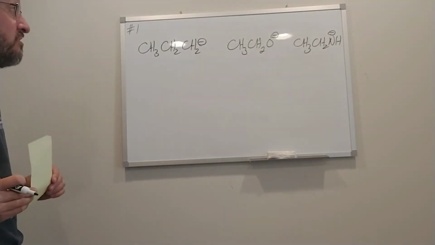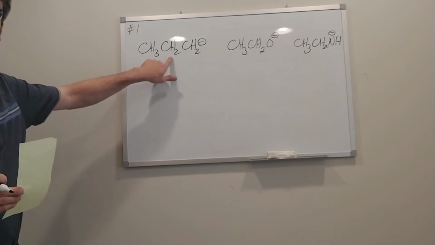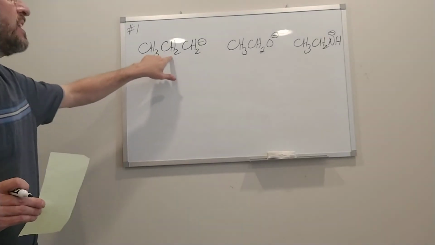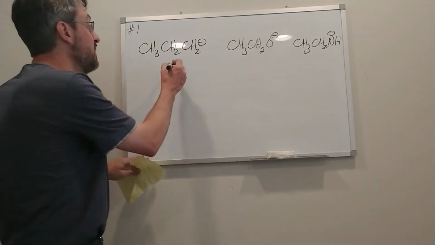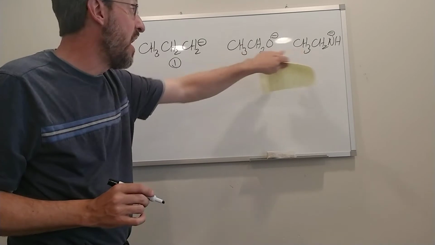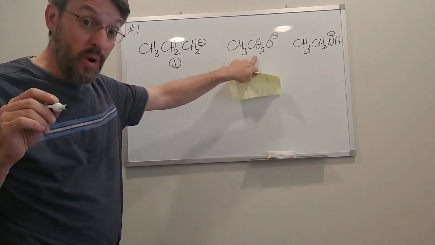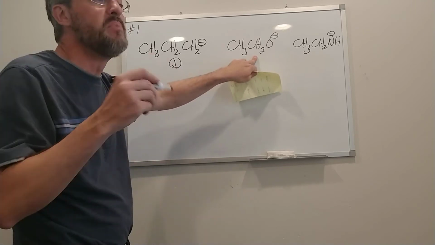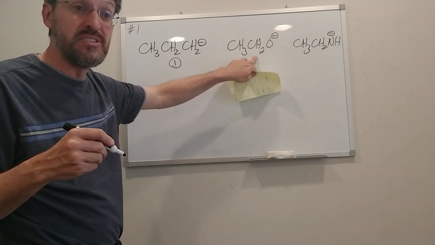Okay? So of these, alkane is a very, very, very weak acid. So the conjugate base is going to be the strongest. So this is the strongest. Alcohol, again, of these 3, still quite weak, but was the strongest acid originally.